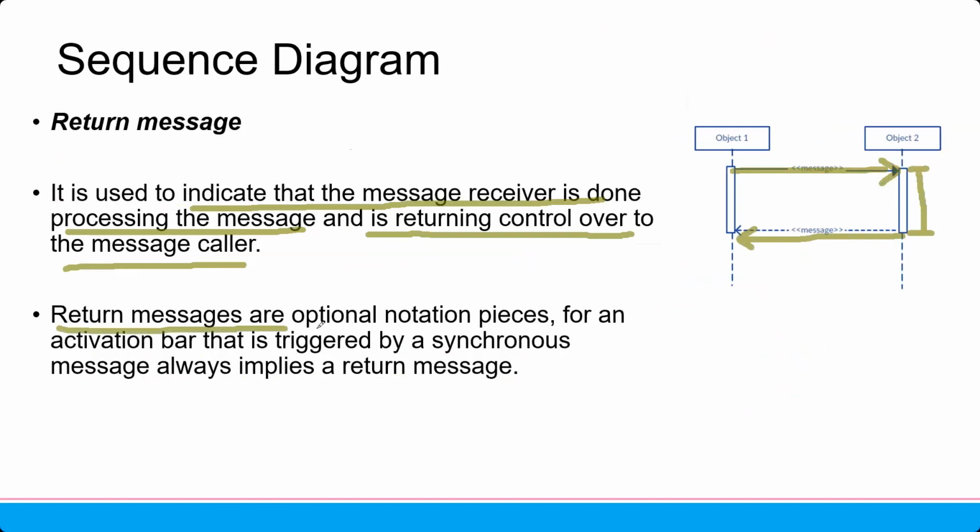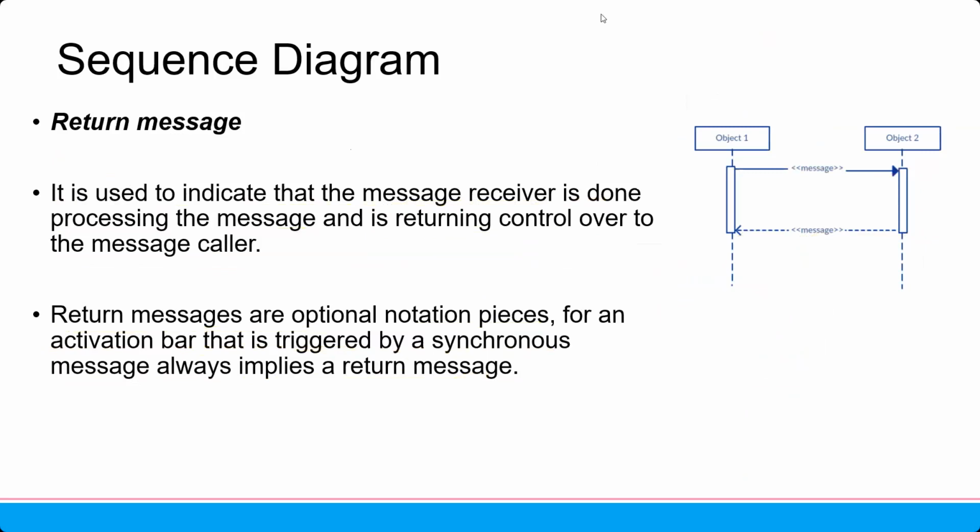Return messages are an optional notation for an activation bar that is triggered by a synchronous message, which always implies a return message. It means we have the bar here. The bar means there might be some process, and after we do some process, then we give a response.